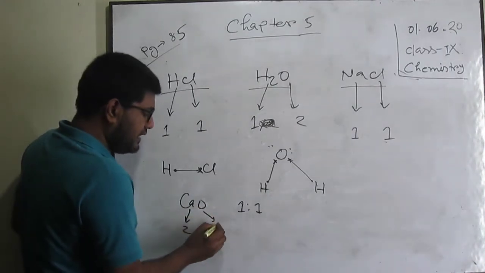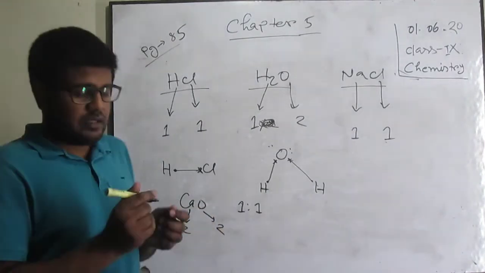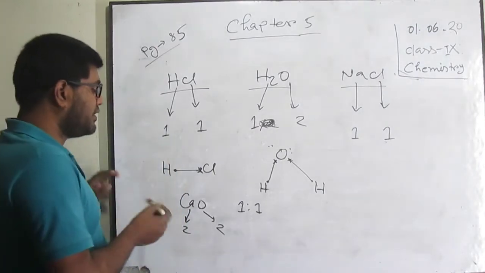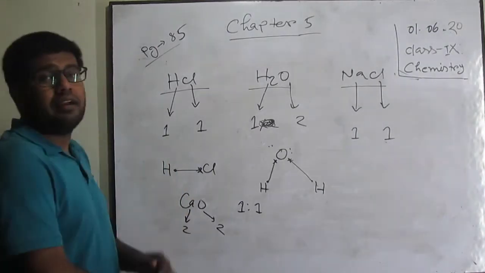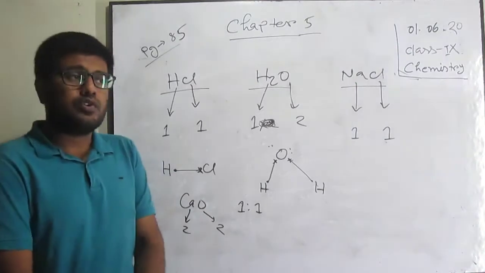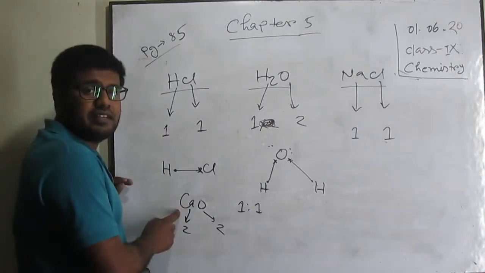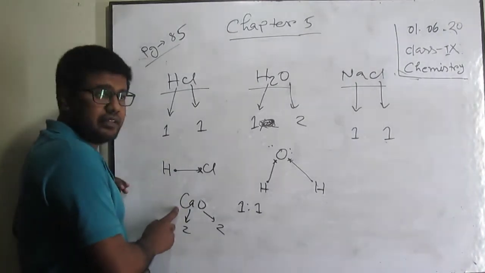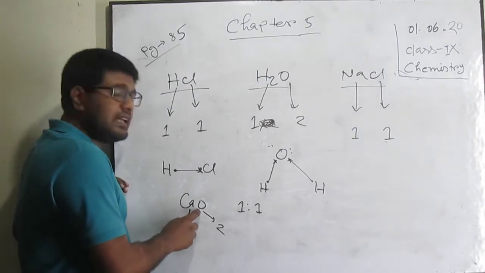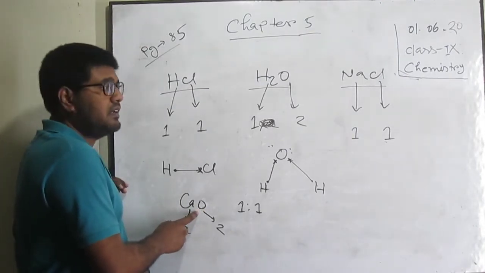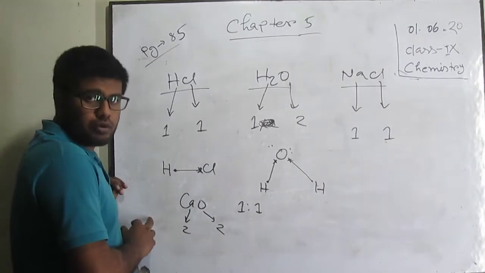You may ask, sir, why is its valency not 1 and 1? Because in its outermost energy level, calcium has 2 electrons, and oxygen has 6 electrons in its outermost energy level.